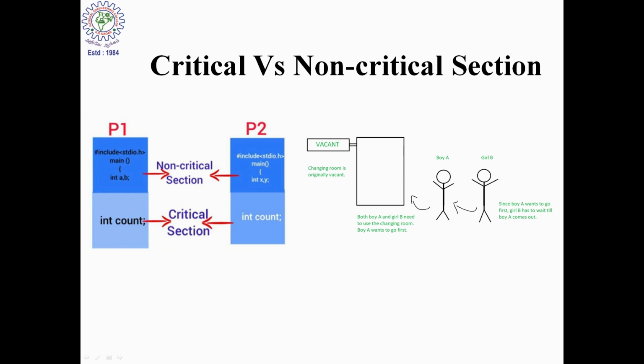When the boy is inside, the girl cannot enter the room, so she has to wait outside until the boy returns. At that time only one person can take the room for their task. This is one real-time example of process synchronization.